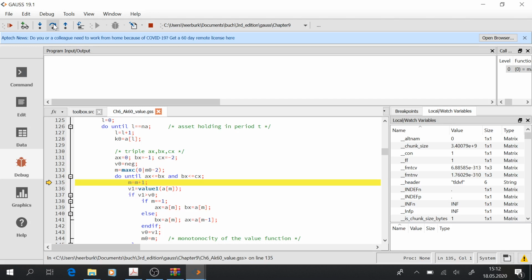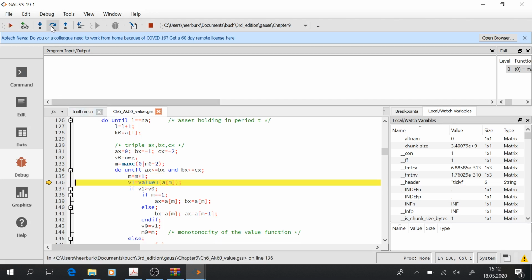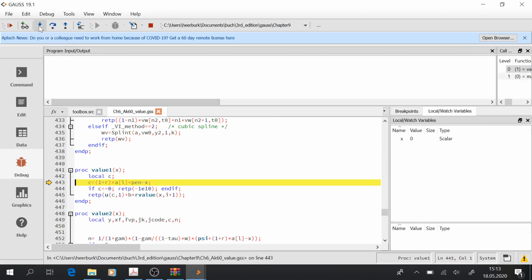So we start with the grid point A of 1, which is 0, and then we increase the grid points one by one in each iteration, and this iteration has the index, the variable m. So we compute the value of the value function at the first grid point, A of m, with m equal to 1. And let's compute this. So go down into value 1.